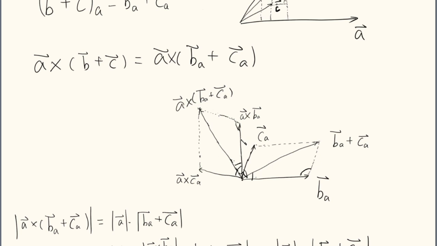So the ratio of the magnitude of this vector over this is A, the magnitude of vector A, the length of A, and the ratio of this vector over this vector is also A. So according to SAS, these two triangles are similar.